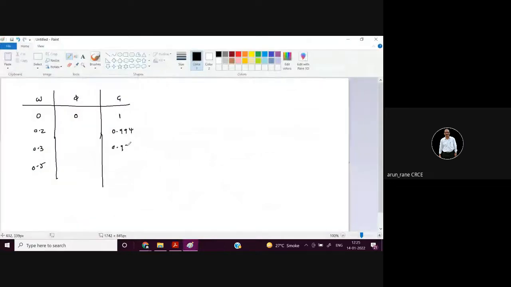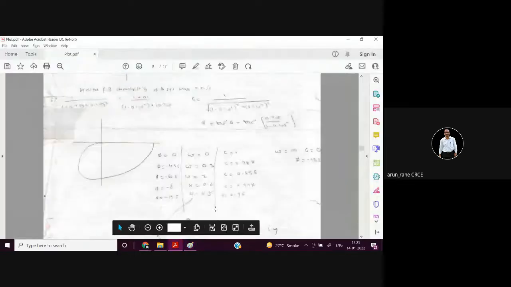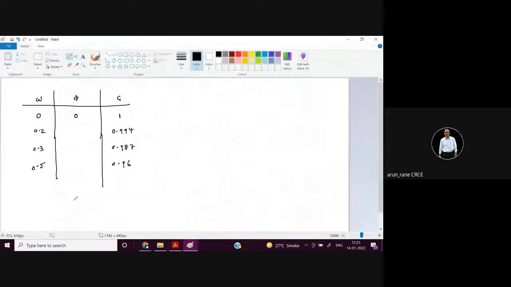Then for omega 2, it is 0.656, and then you can take various values up to infinity, and then g is equal to 0.